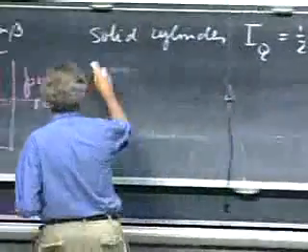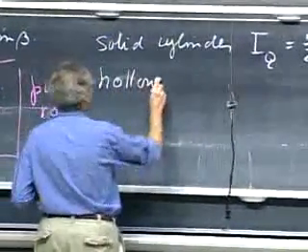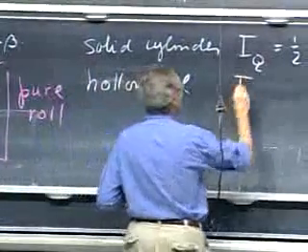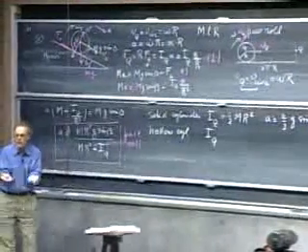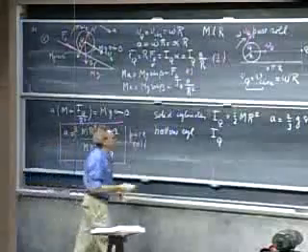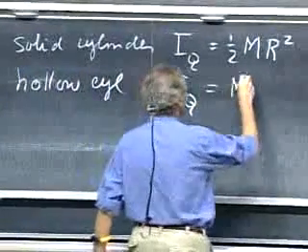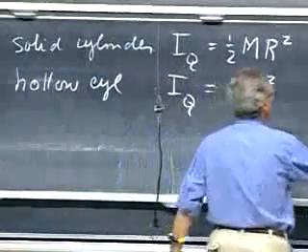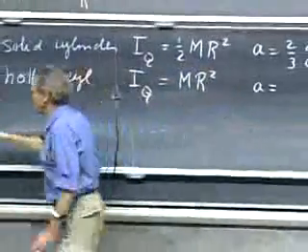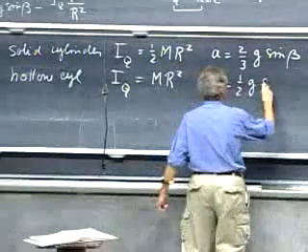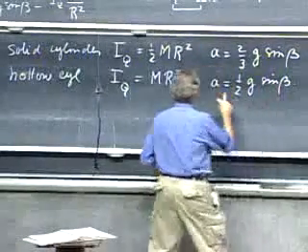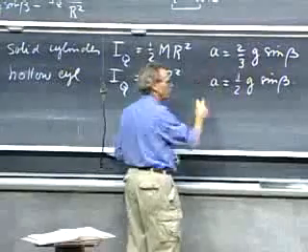That's what matters. So if we take a hollow cylinder, then the moment of inertia about this axis through the center of mass, Q, if most of the mass is at the surface, is very close to m r squared. Then the acceleration, if I substitute in here m r squared, I get a 2 there, equals 1/2 times g times sine beta. So this acceleration is less than this one.